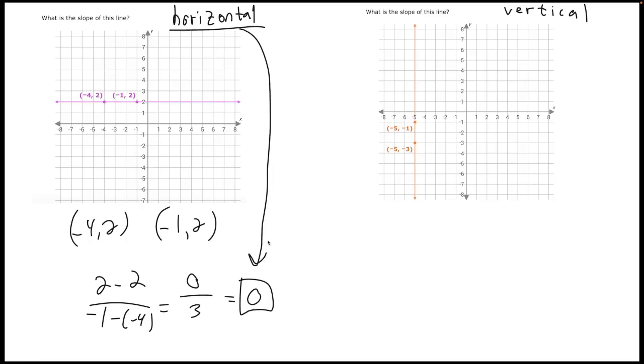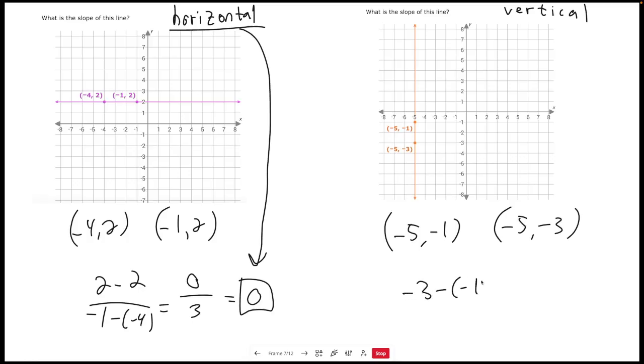For vertical lines, let's see what happens. So when I put these coordinates in, -5, -1, -5, -3, we're going to do -3 minus -1 on the top, and on the bottom we're going to do -5 minus -5. This will give me -2 over 0.